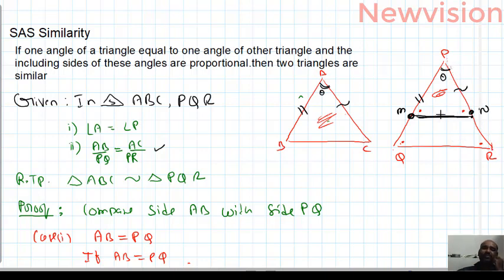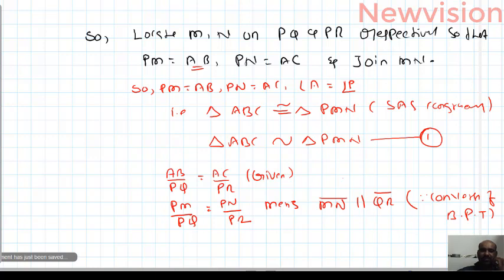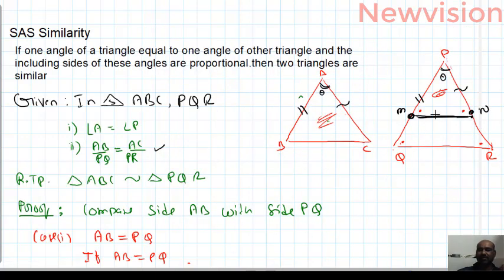From converse of BPT, MN is parallel to QR. I will write: MN is parallel to QR, converse of BPT. Now on the diagram, this is parallel to this.